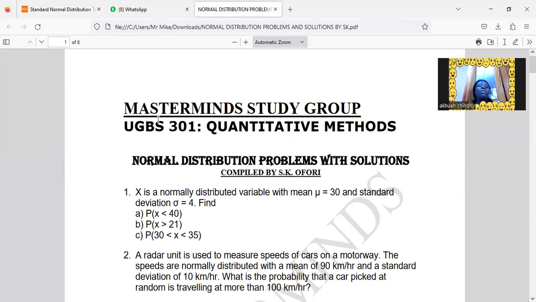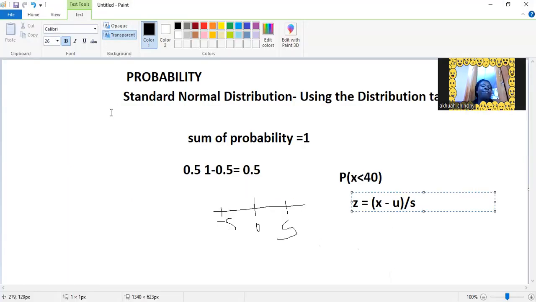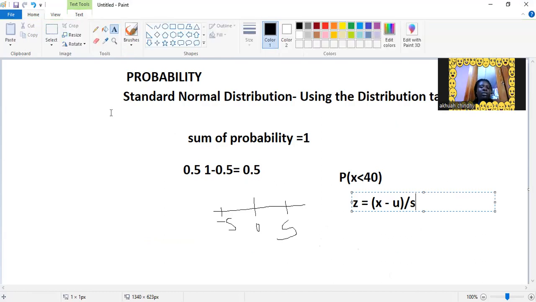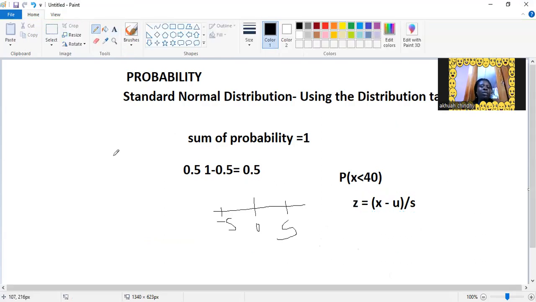So we have a normal distribution curve that looks like this. The drawing will look kind of funny, but take it like that. Let's say this is the middle, right? So the center is the mu, that's the mean.